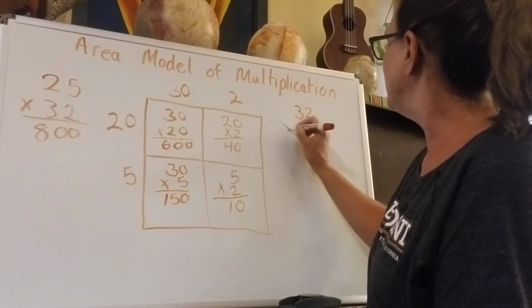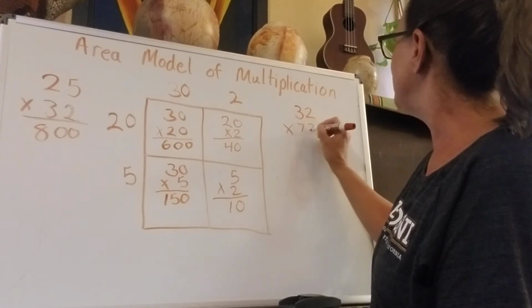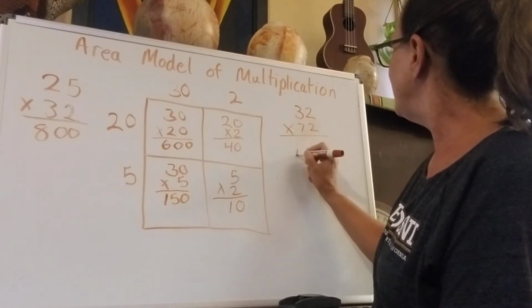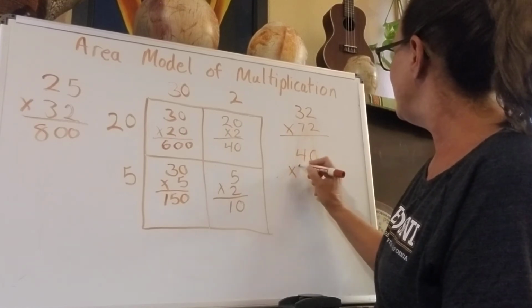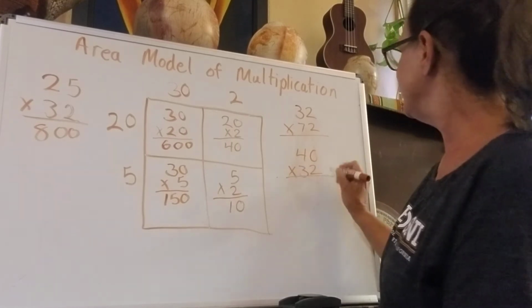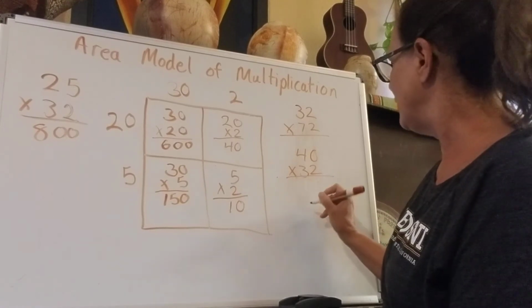So 32 times 72, 40 times 32. Boy, I'm liking that 32 today, aren't I?